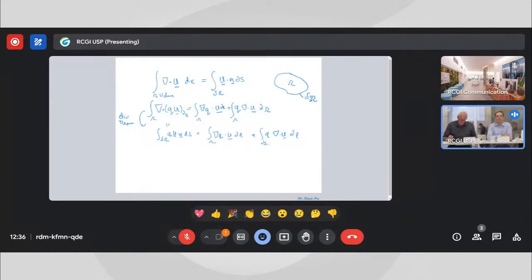So the term that I'm starting with on the previous slide was this term. I want to transfer this gradient operator onto the right-hand side, and I'm going to get a term that looks like this.